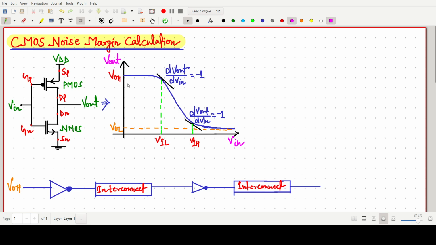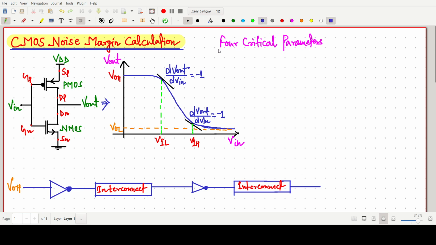First it is better to think about this: VOH, VOL, VIL and VIH are the four critical parameters. I am writing here that there are four critical parameters.